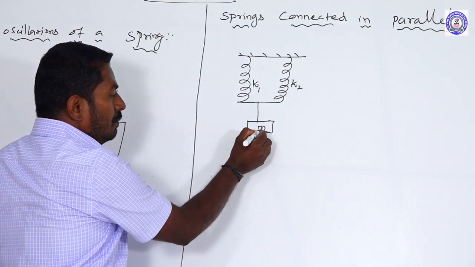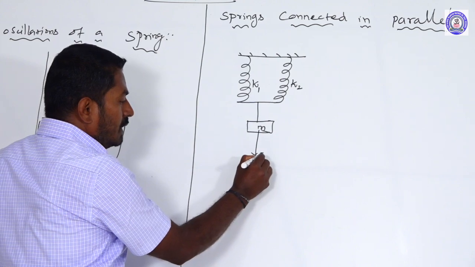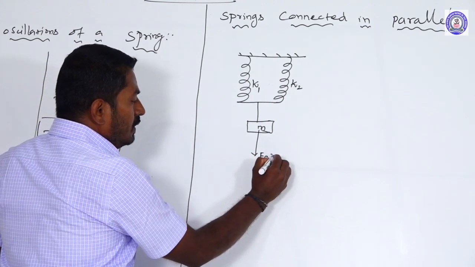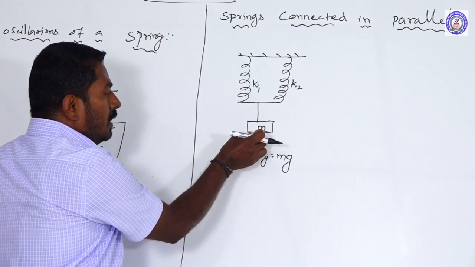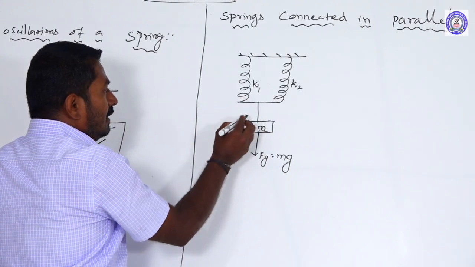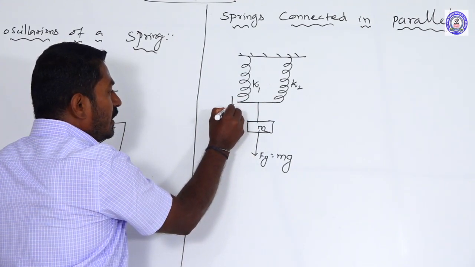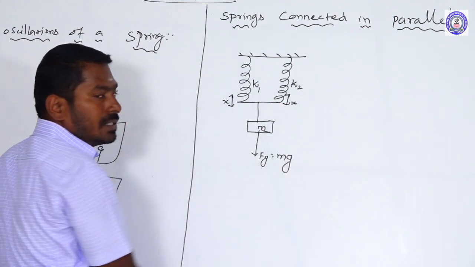The block of mass m experiences a gravitational force acting vertically downward, Fg, which is equal to mg. This block pulls both springs downward, so the extension produced in both springs is through the same displacement x.